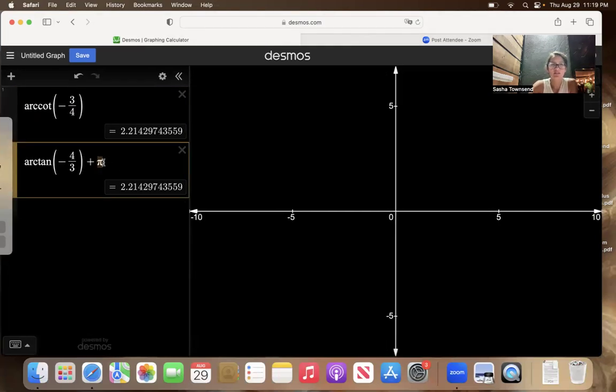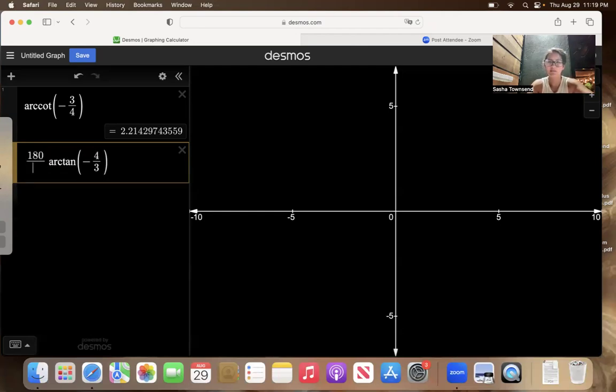So if I just used my regular scientific calculator to compute arc tangent, it would give me that angle of negative 0.927. Or if I convert to degrees, that's negative 53 degrees. And I say, that's not the angle that I'm looking for. I'm looking for this other angle in quadrant 2 rather than the one in quadrant 4.